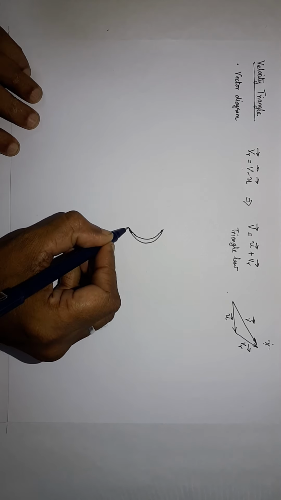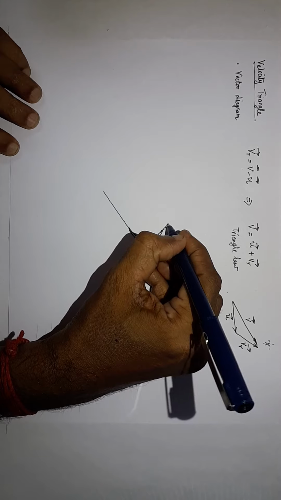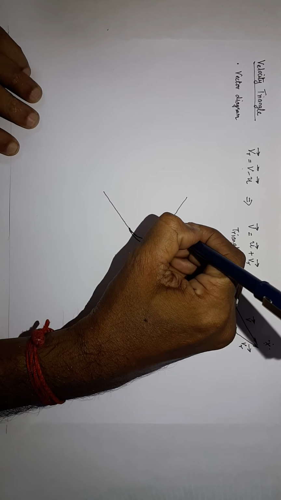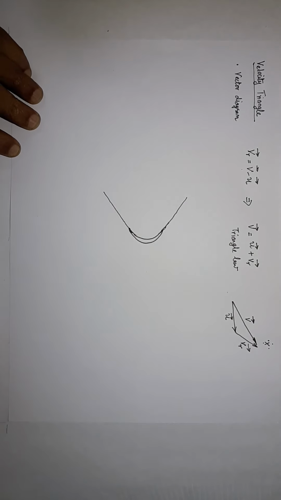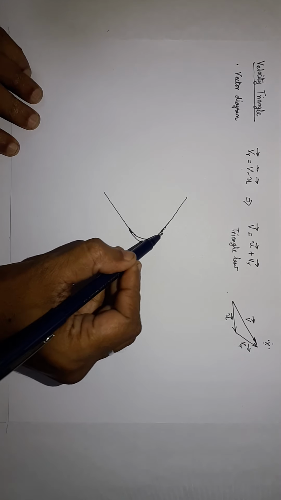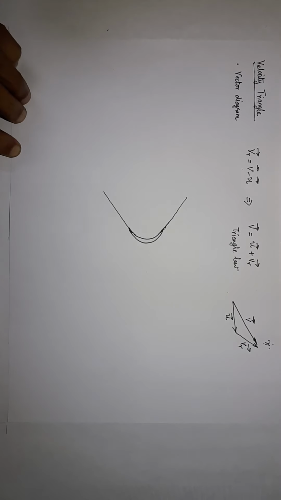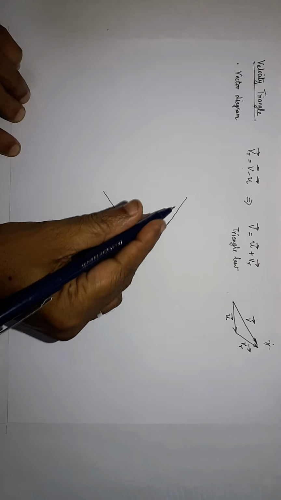So tangential means like this. It is tangential without any hindrance. It is smoothly touching the curved surface and leaving the curved surface like this. So this is the tangential.